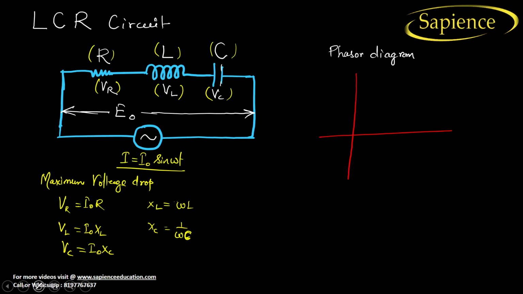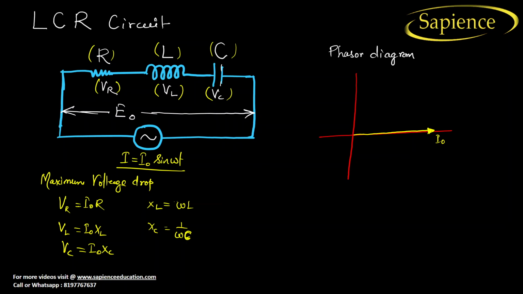Now let us represent the current as I naught. So this is the current, in this direction. I will not take omega t here, because I am taking the position of omega t here only.